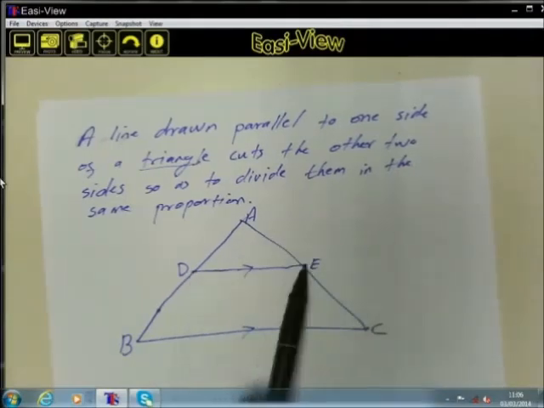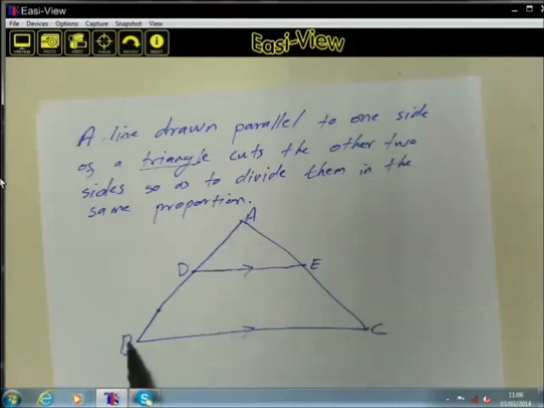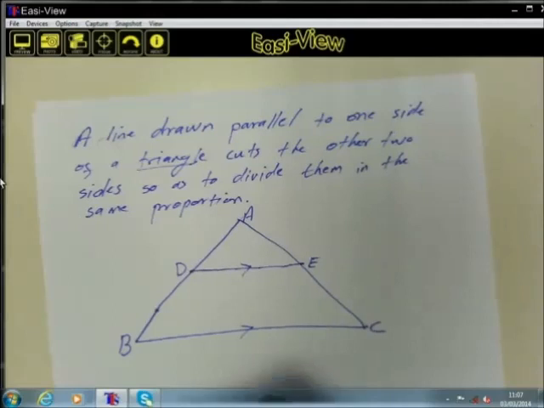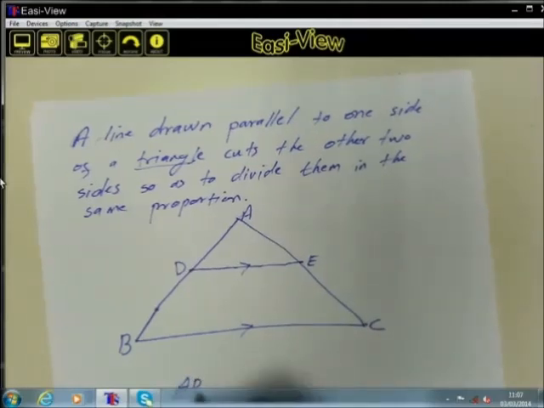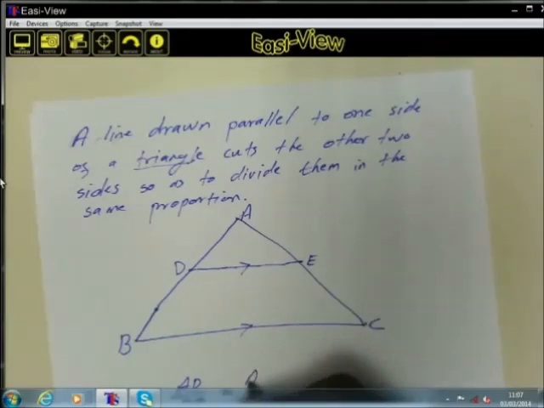That line DE divides AB and AC in the same proportion. In other words, we've got to prove that AD over DB must be equal to AE over EC.